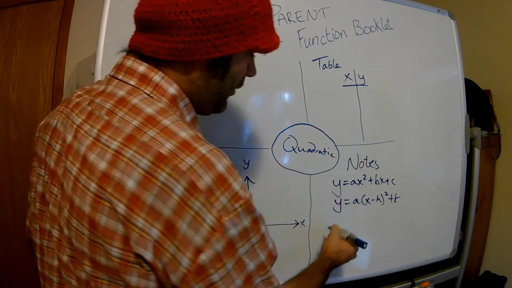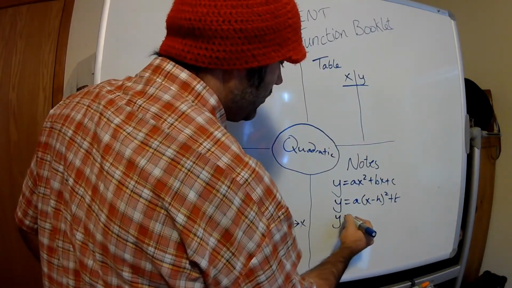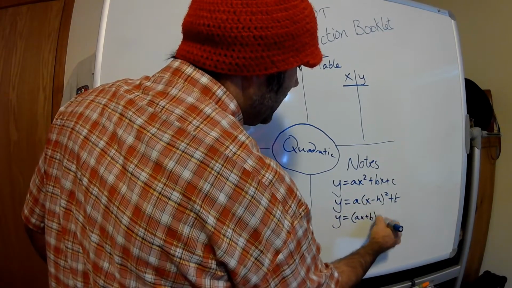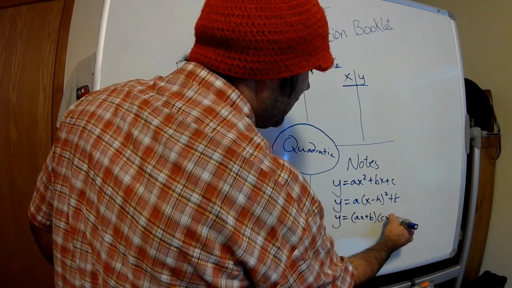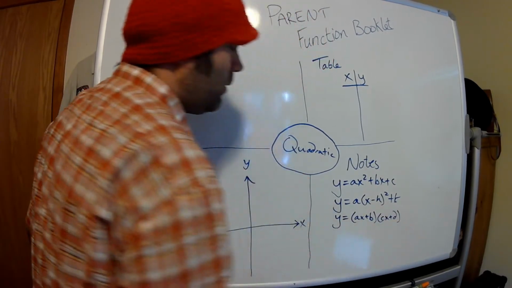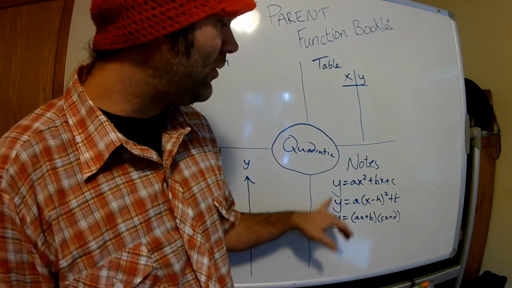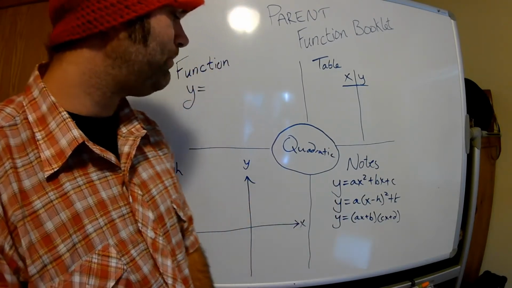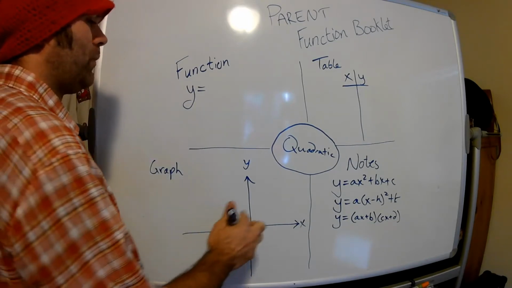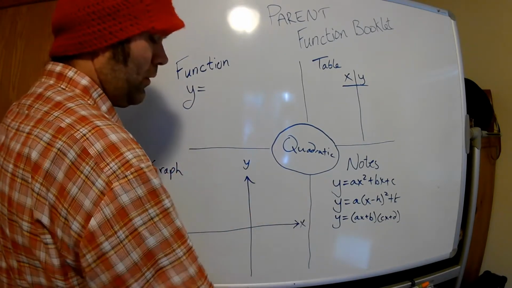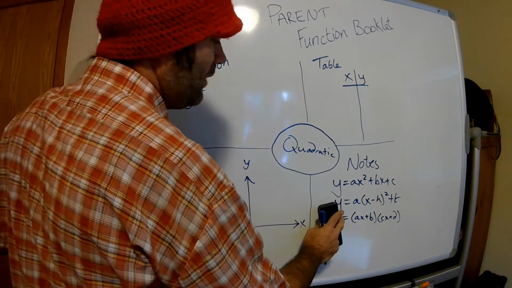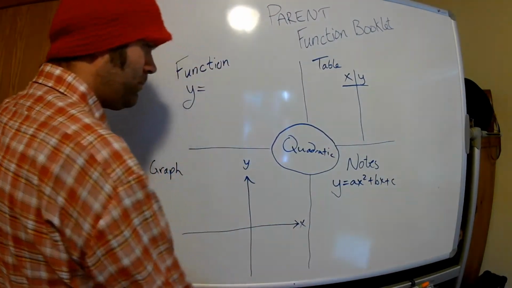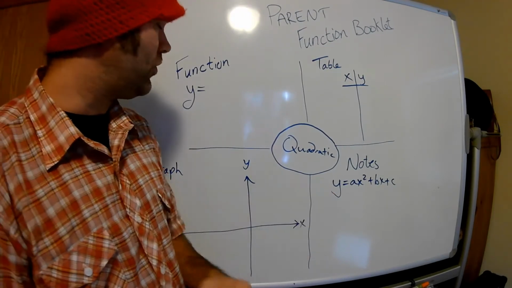There's not really a nice way, I mean there is, but I just usually write it y equals (ax plus b) times (cx plus d), where a, b, and c in this case are not the same a, b, and c as these. So there we go. We're going to focus on the standard form though. So if you don't want to write these two down, you don't have to. They're not necessary. The standard form is what we're interested in usually.